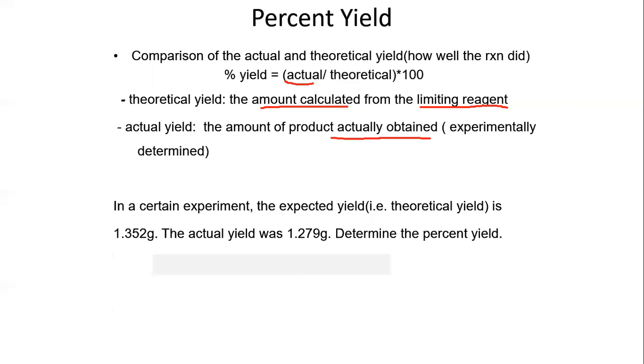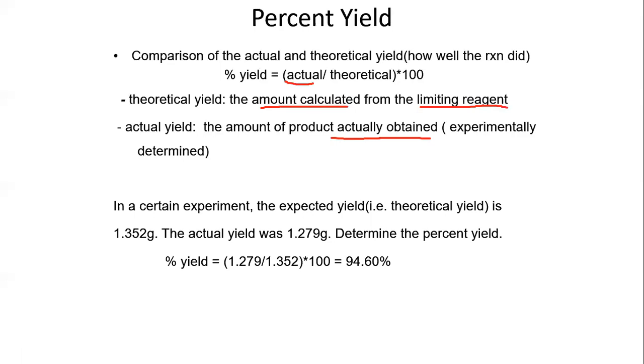Here, for example, we have a certain experiment. The expected yield is 1.352 grams. The actual yield was 1.279. To determine the percent yield, you simply take the actual over theoretical times 100. Again, the closer you are to 100, the better the experiment was performed.